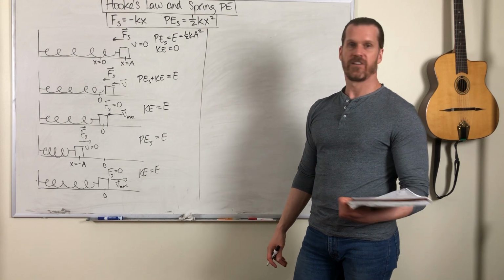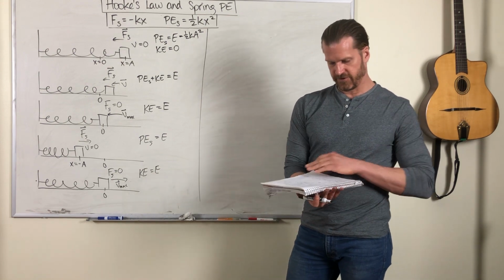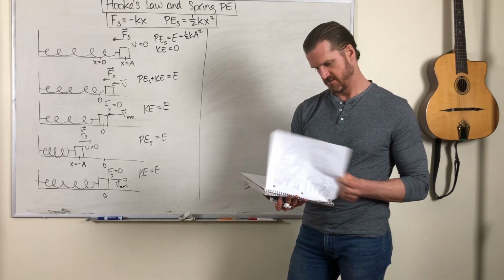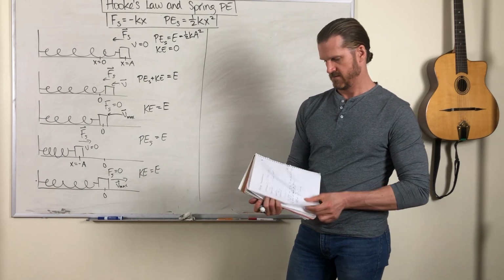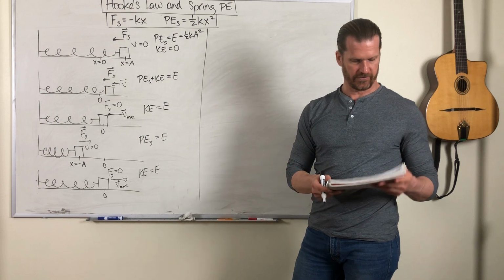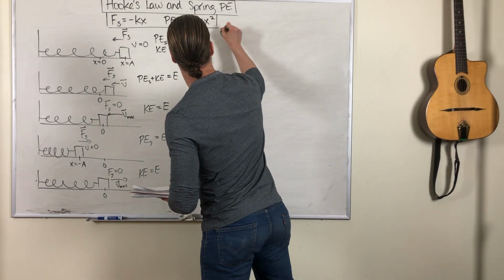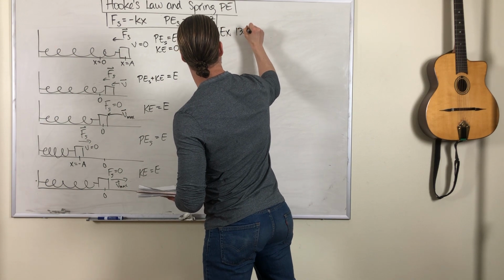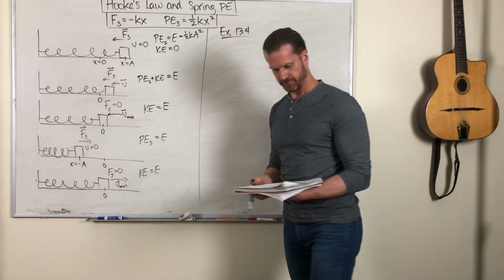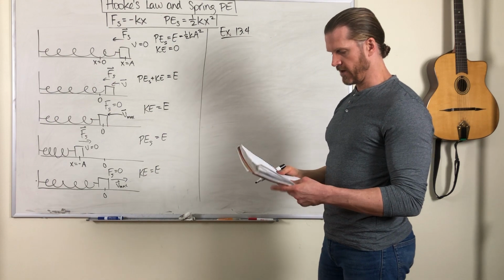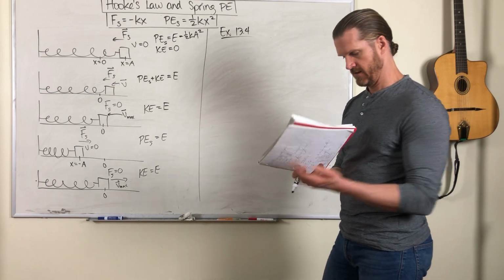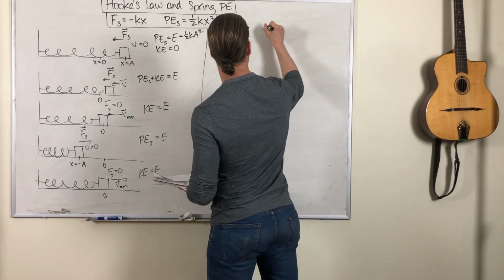Okay, so let's use these concepts to do a little calculation. This is example 13.4 from your textbook. Let's consider a system that has these values.